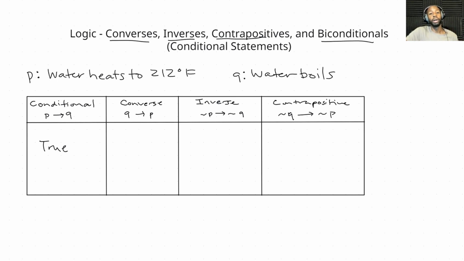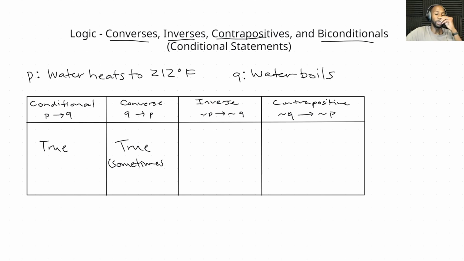It's true in this instance, but think about it. Are there any cases where if this happens, this does not happen? This does happen to be true in this circumstance, but sometimes we're going to say true and then sometimes not.